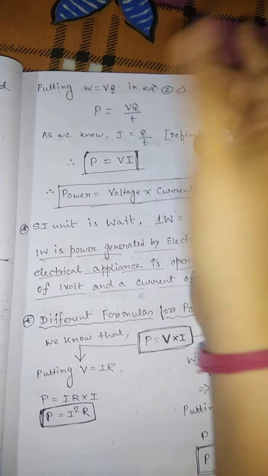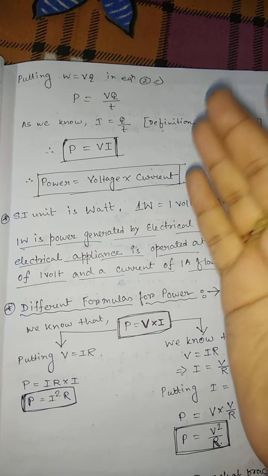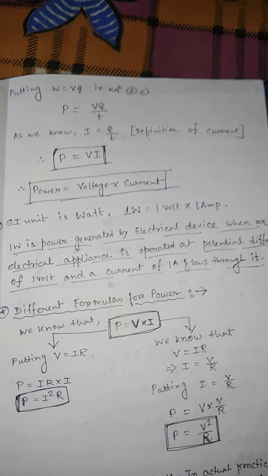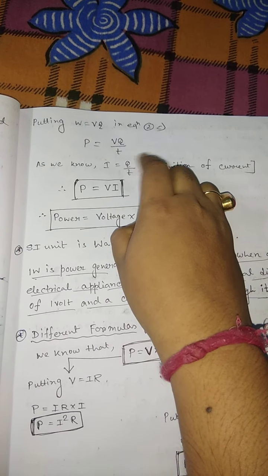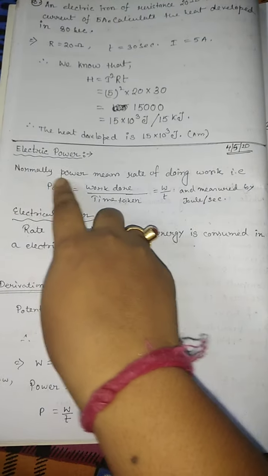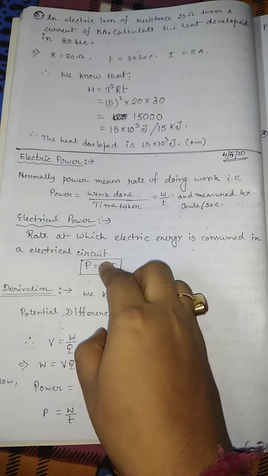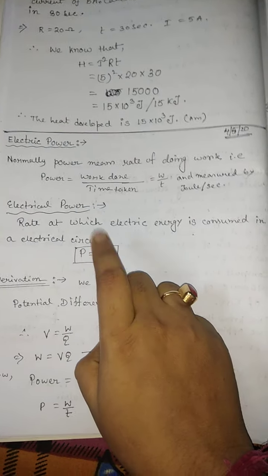Now from the definition of electric current, we know that I equals Q by T, or Q equals I into T. So in place of Q by T, we can write I. So we get the expression P equals V into I. Mathematically this expression and the earlier one are similar, but for solving problems we use this one.